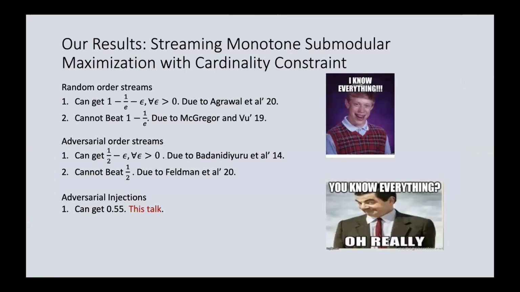In our model, we are only able to prove a 0.55 approximation. So there's still a gap between 0.55 and 1 minus 1 by e, and we don't know what the right constant is. Also, the adversarial injections model is strictly easier than the adversarial order because we could beat half, and there is a lower bound of half in adversarial order streams.